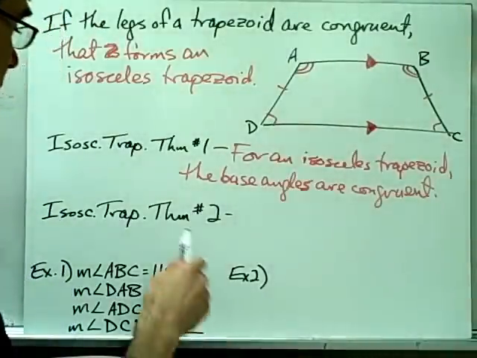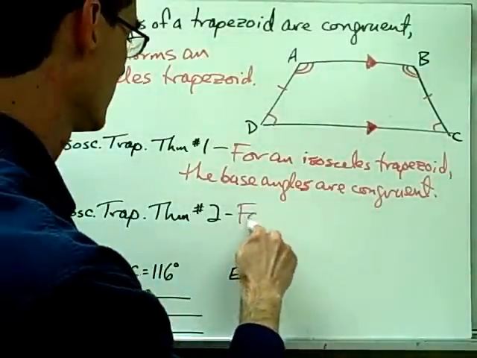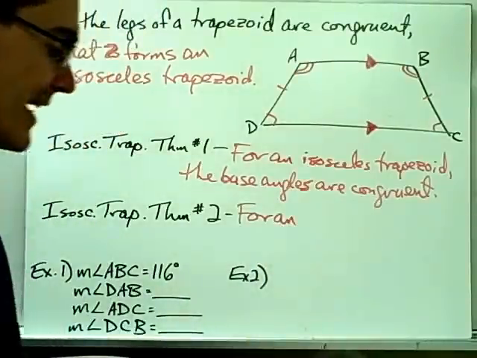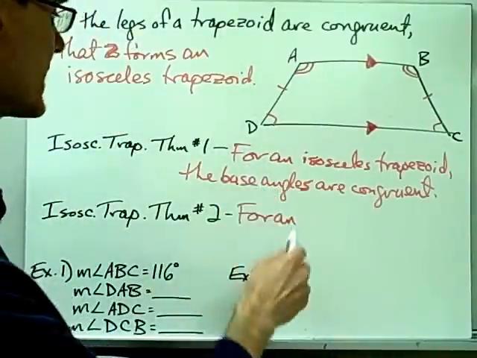Isosceles trapezoid theorem number 2 has to do with the diagonals of an isosceles trapezoid.